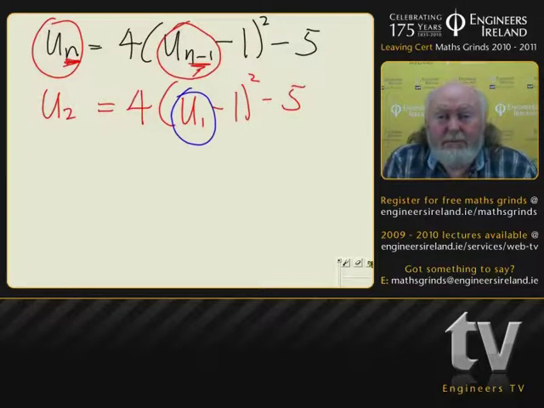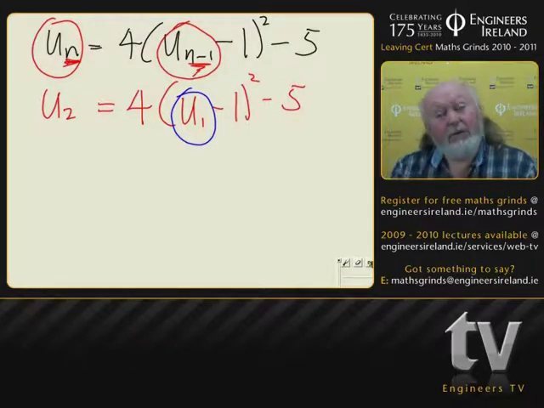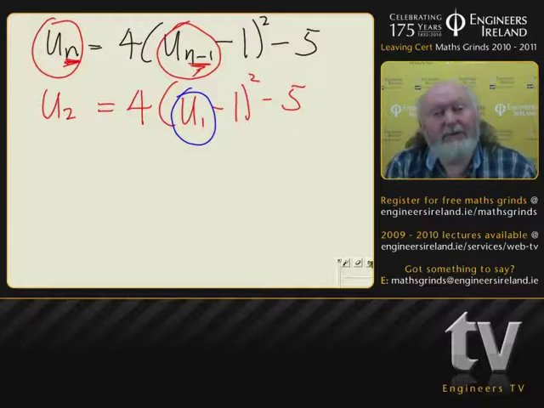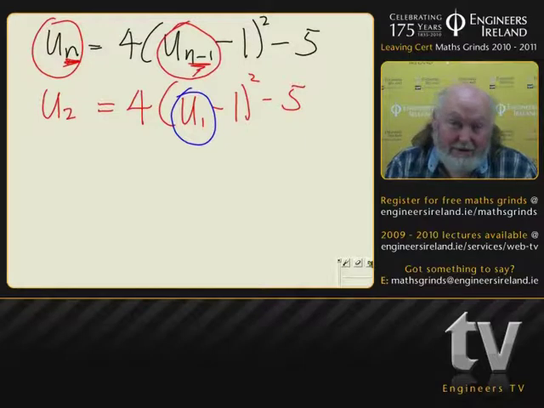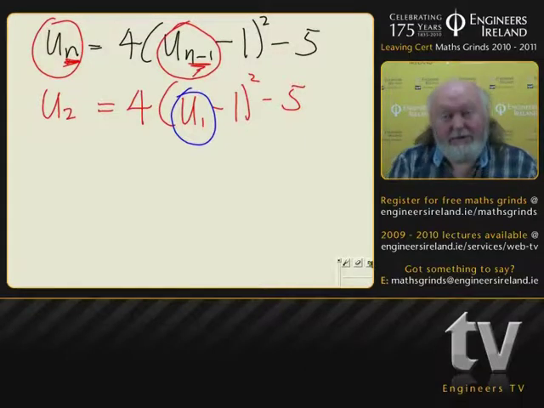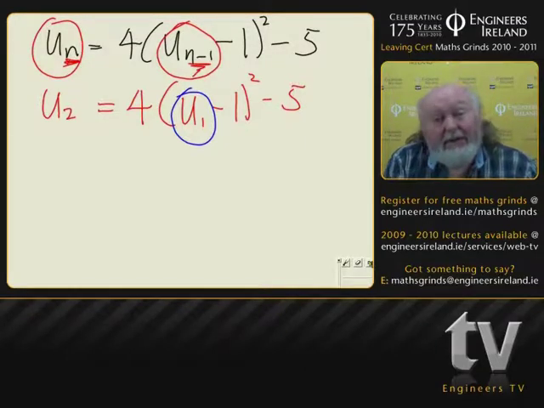What's the value of U1? We don't know. If they told us U1 is 1, then we can start a whole sequence from this relationship. If they told us U1 was 270, you get a whole different sequence from that. So there's an infinite number of these things, and it all depends on U1.